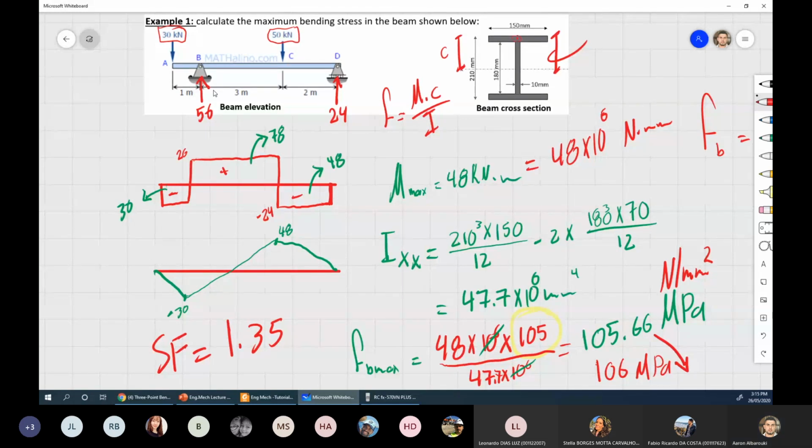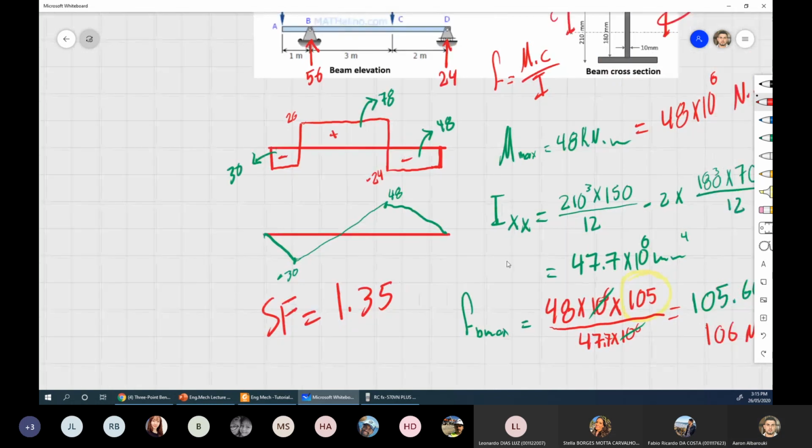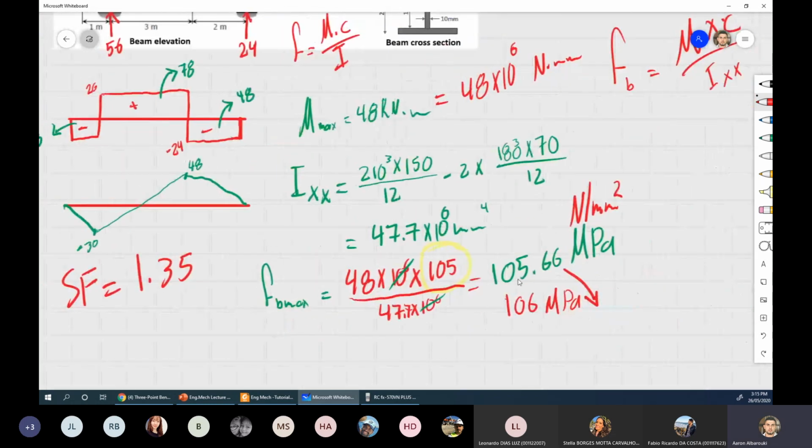But if I calculate strength of material, in this case scenario, if my client asked me, Aaron, can you please tell me what grade of steel I need to use, but I want a safety factor of 2.5, for example.